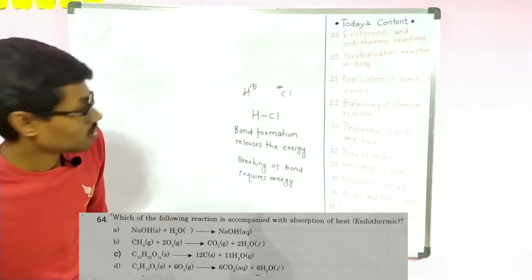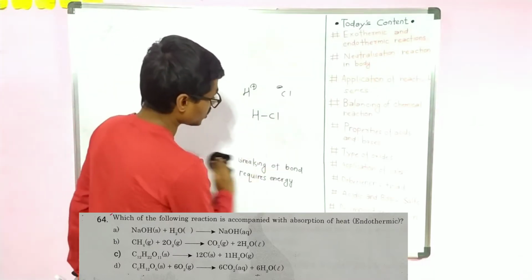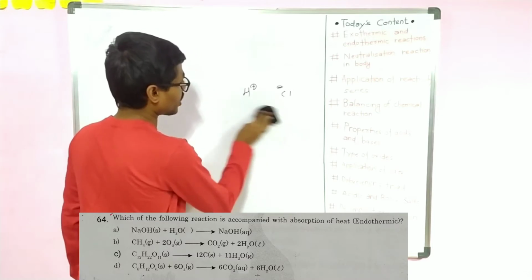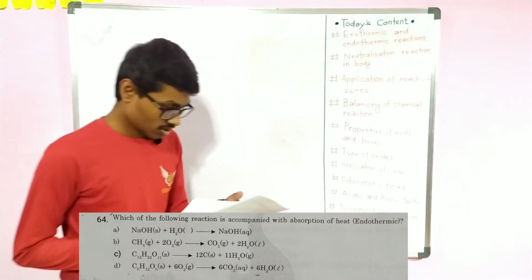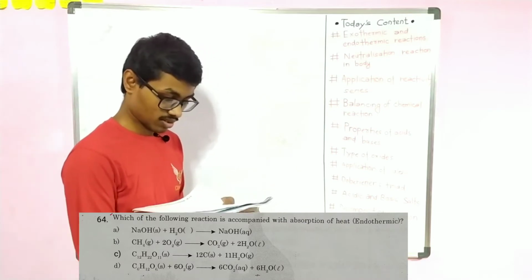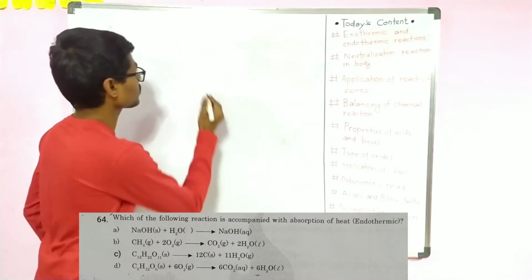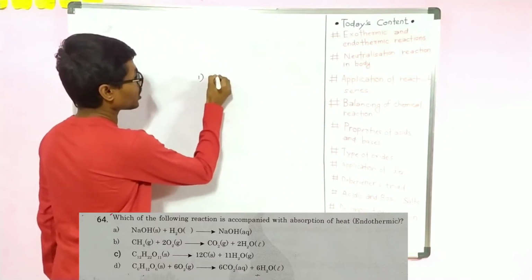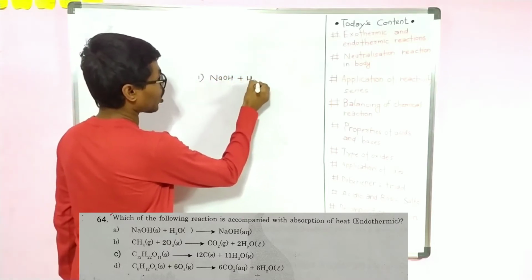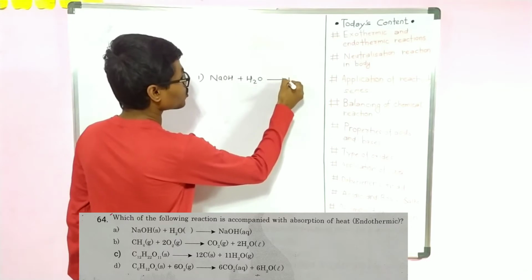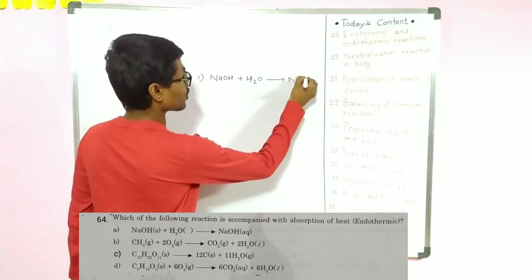Now in this question 4 options are given, and we have to choose which of the following is an endothermic reaction. The first reaction is NaOH plus water, and aqueous NaOH is forming.